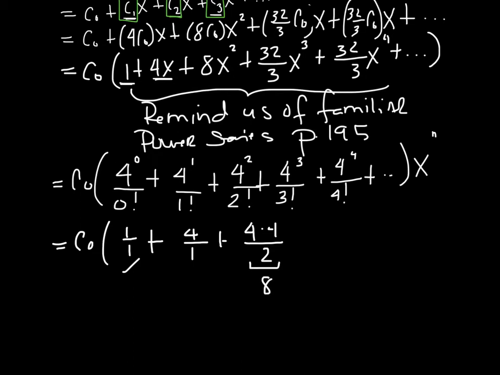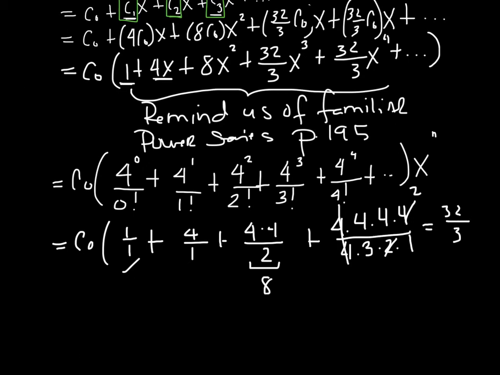Similarly, 4 to the 4th is 4 times 4 times 4 times 4 over 4 factorial, which is 4, 3, 2, 1. We can do these: 16 times 2 is 32 over 3, and that's exactly what I have right here.